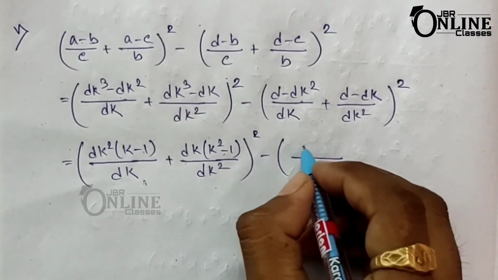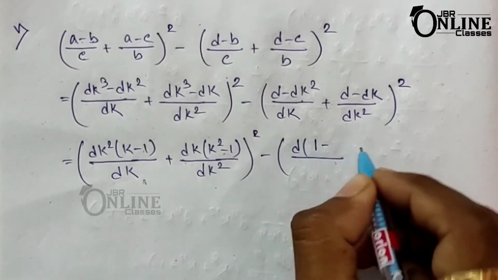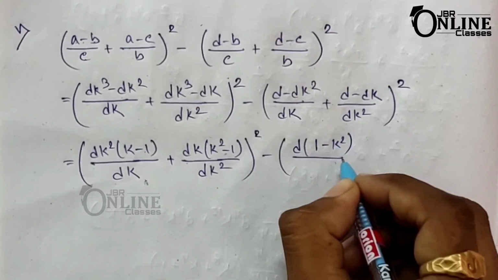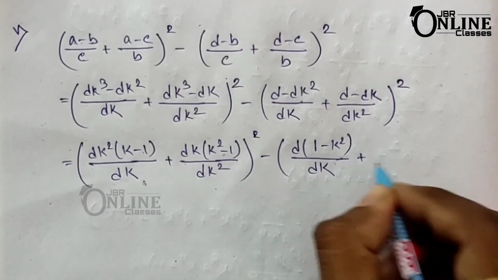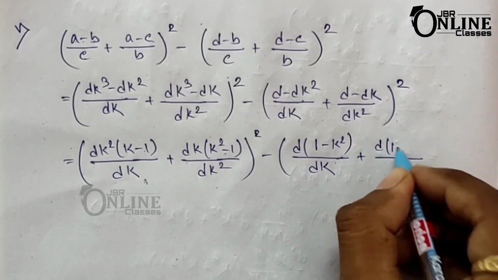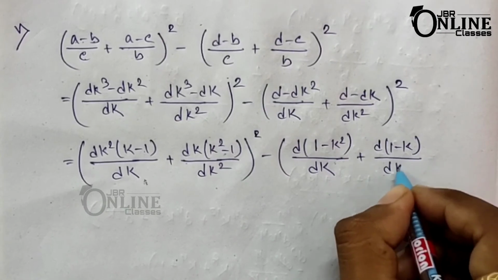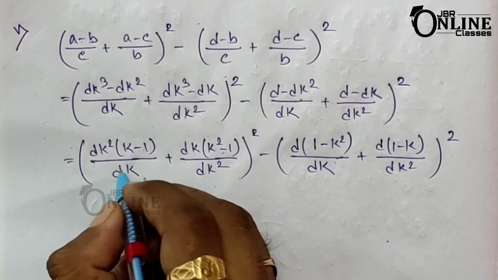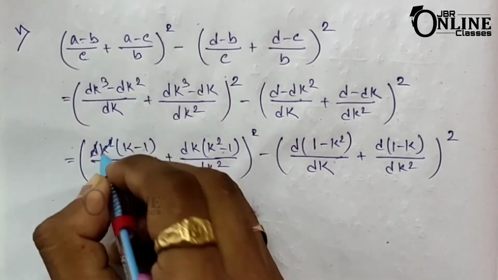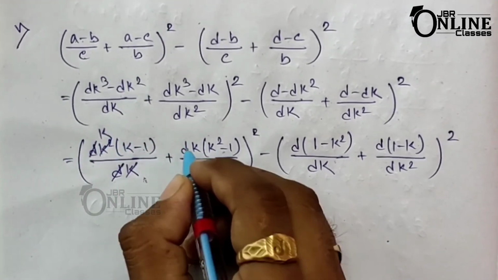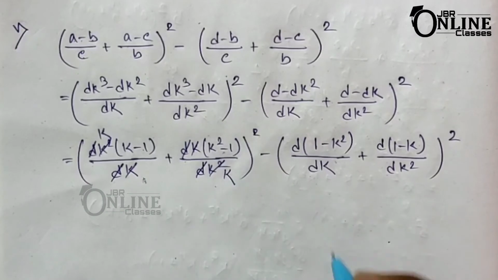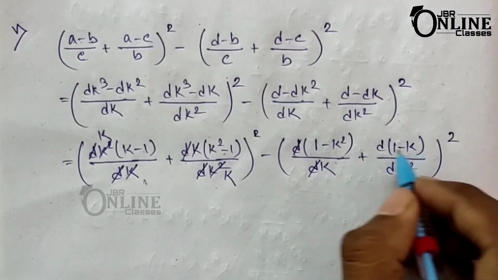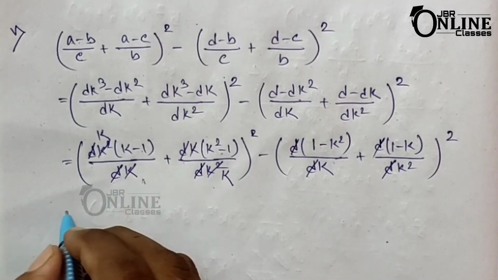Now here d is common, so 1 minus k square by dk, and here d common, so 1 minus k by dk square, whole square. Now d cancels out, then k cancels out.